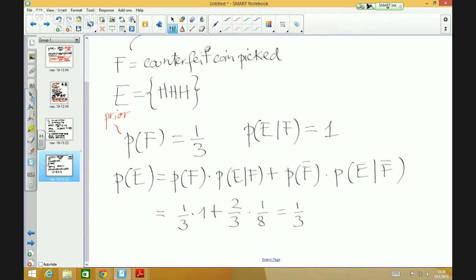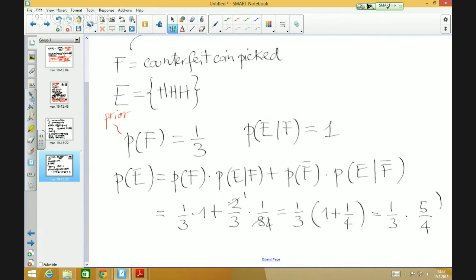So I put the 1/3 outside. This is 1 plus 1/4, because this becomes 1 and this becomes 4 if I divide both by 2, and I take the 1/3 on the outside. So this is 1/3 times 5/4.